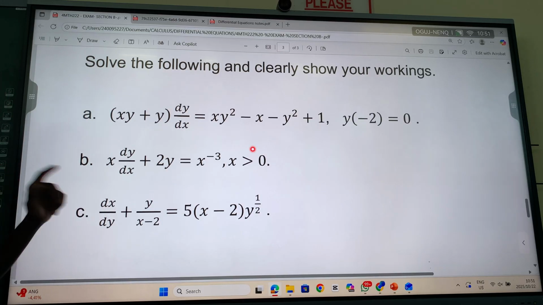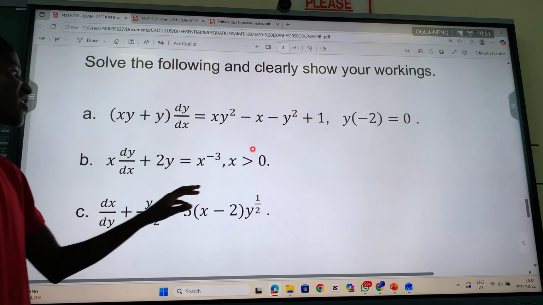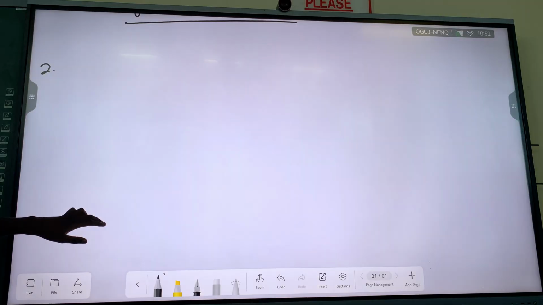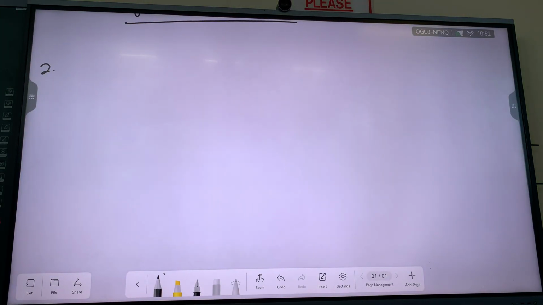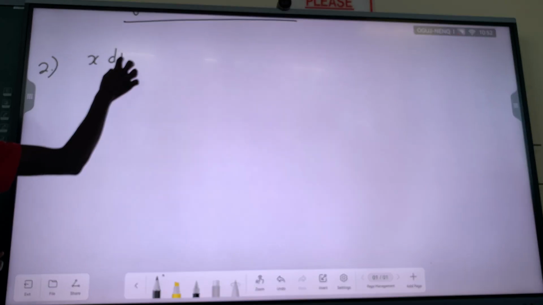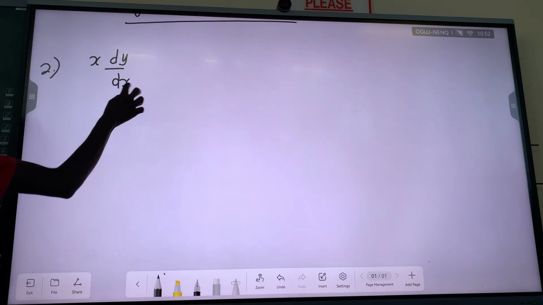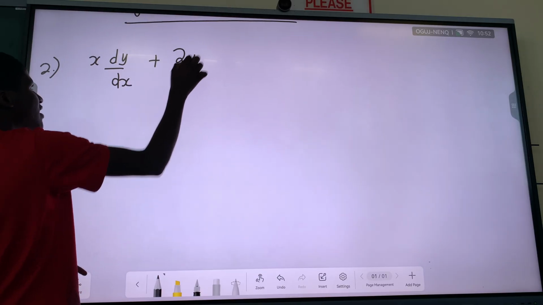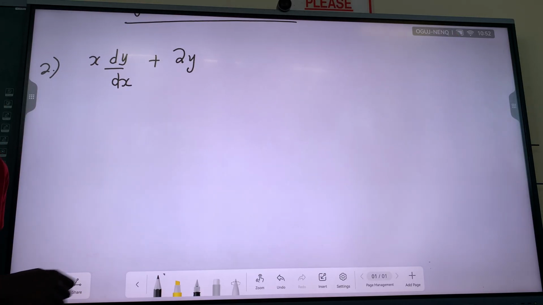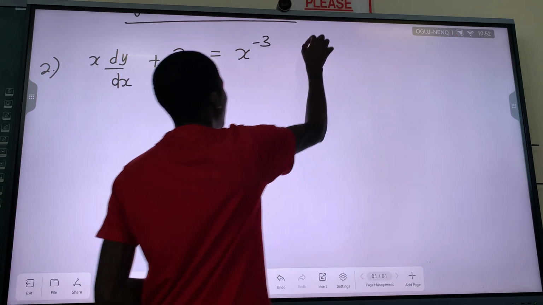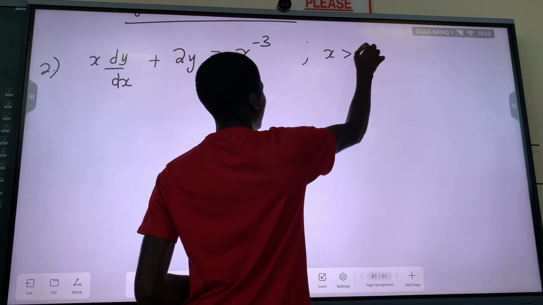So now let's do it, given that x is greater than 0. Let me write it here. It says x dy/dx plus 2y equals x to the power negative 3, given that x is greater than 0.